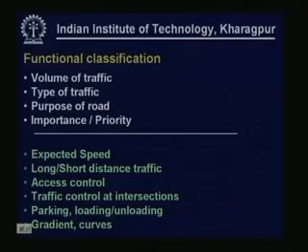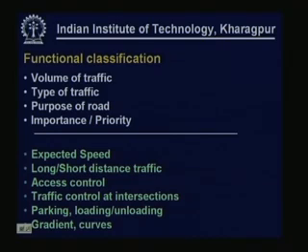Functional classification of roads. First of all, we must get convinced about the need for studying functional classification, why it is necessary and how it is relevant to the geometric design of roads. If we look at the roads around, we can appreciate that traffic volume is different on different roads.